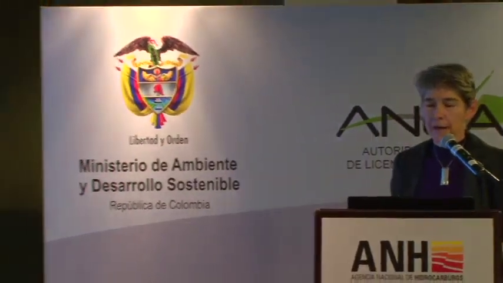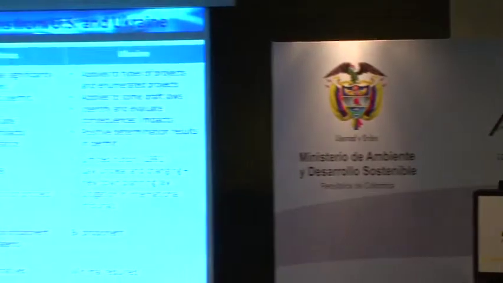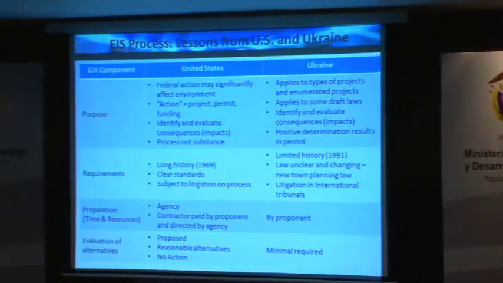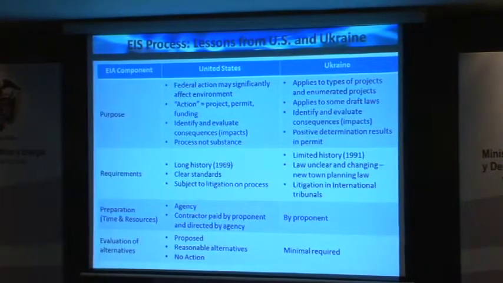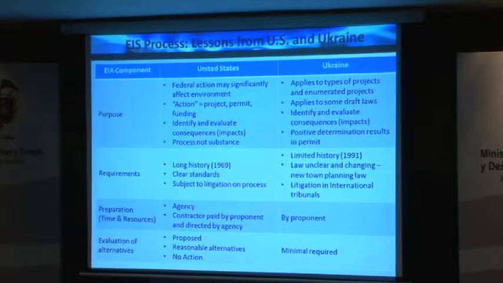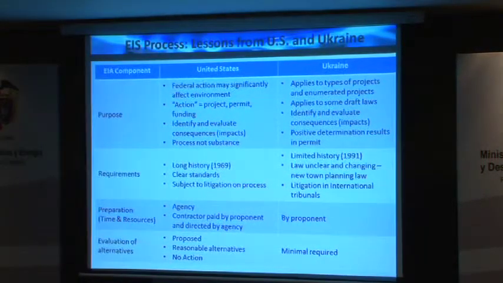In Ukraine, it was a little bit different. They had a set of types of projects that would be subject to an environmental impact statement, and they were specifically enumerated projects. There was no requirement that there be a federal action involved.